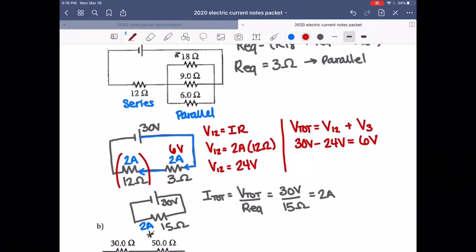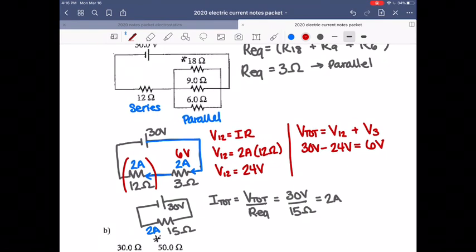Okay, and then this brings us back to our original picture. I know I have 24 volts over this resistor, and this is a parallel branch. Okay, so if I go up a level now, I could apply the concept of parallel voltage is constant. So that means I'm going to have 6 volts here, 6 volts here, and 6 volts here.